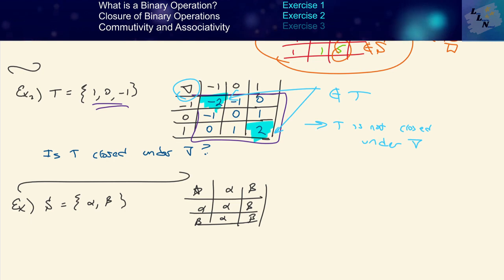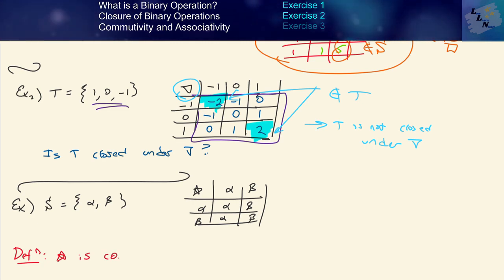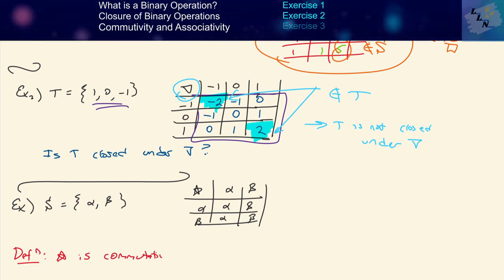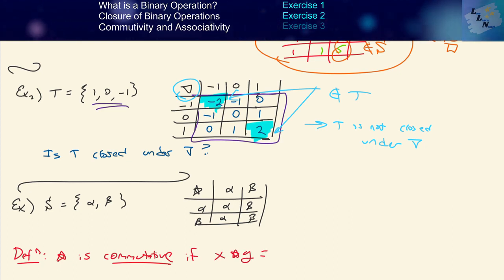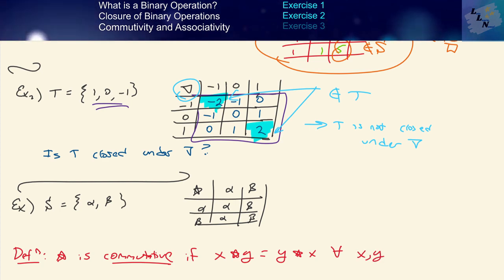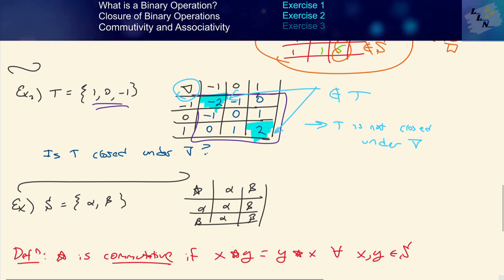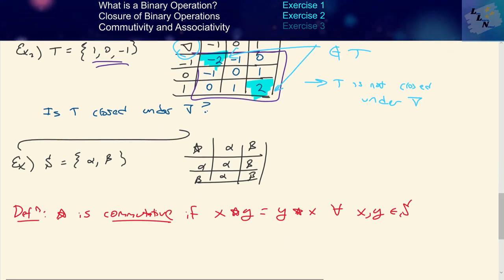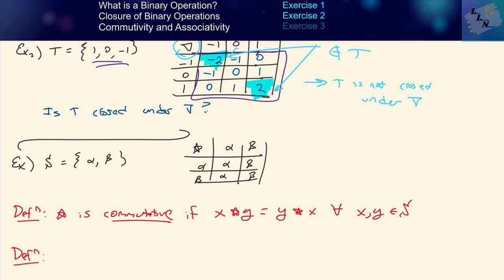So the definition for commutativity is the following. Star is said to be commutative if x star y is equal to y star x for all pairs x, y in the set. And the idea for associativity you should also be familiar with.